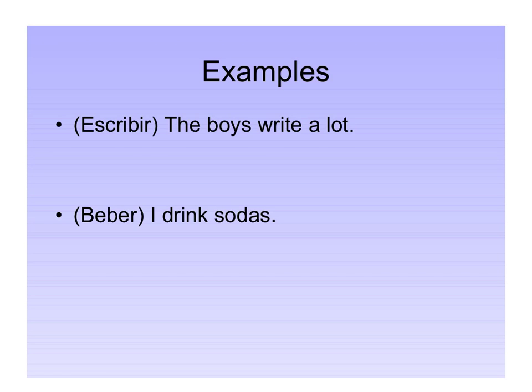So if we were going to do the boys write a lot, we take the verb escribir. We're going to drop the IR. So I have just escrib. And then I add the rest of my sentence. So I would say, the boys, los chicos, escriben. And since it's the boys, I know that's they, like ellos and ellas, I add an en, escriben, and then mucho.